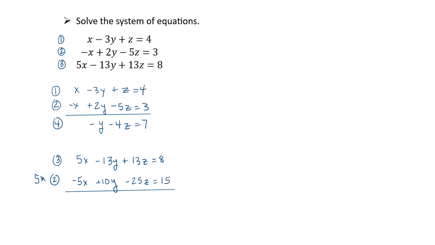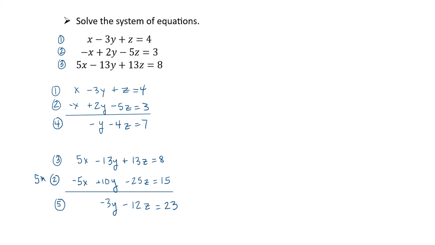Now, when I go ahead and add those equations, my x's eliminate, and I'll have a negative 3y minus 12z equals 23. We'll call this one equation 5.